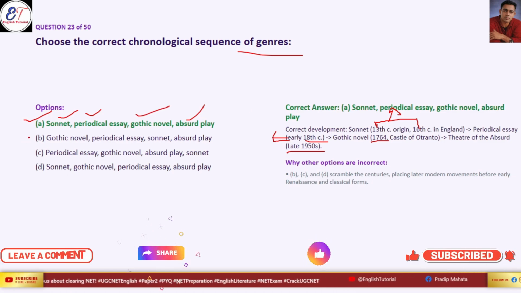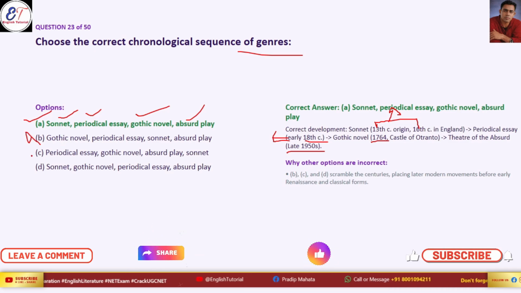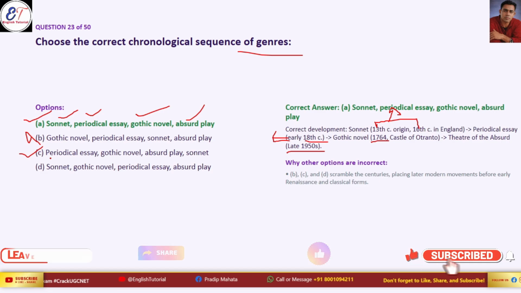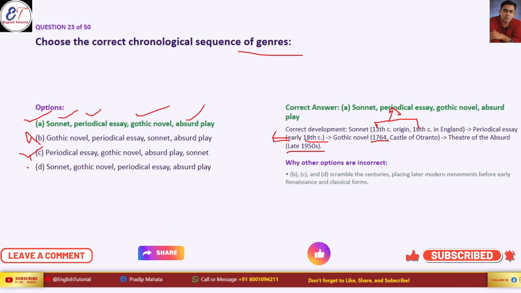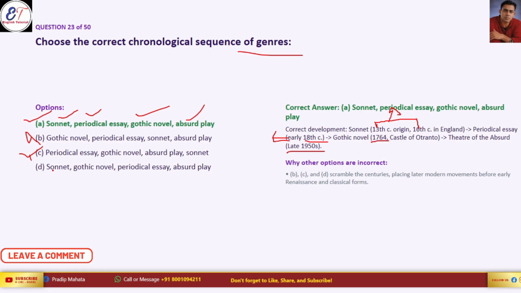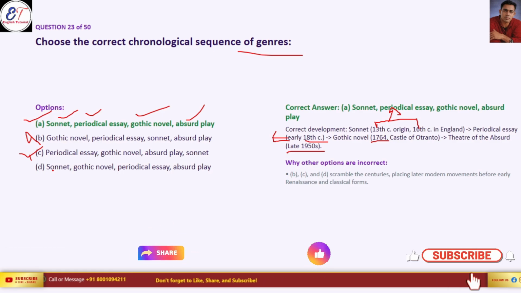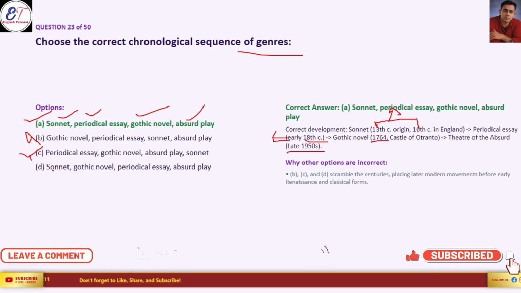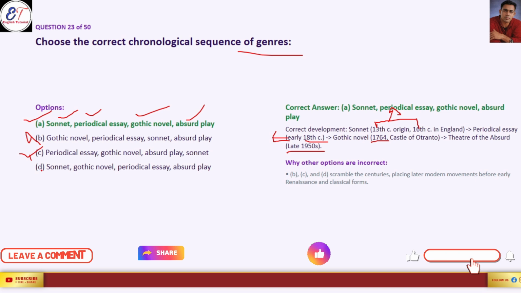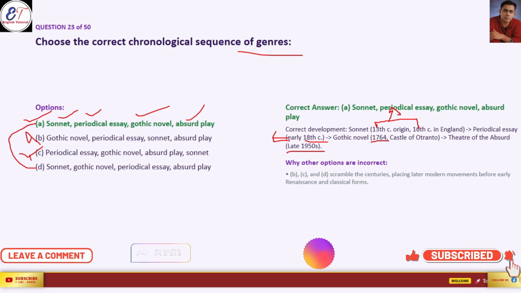Let's compare with the other options. The first one starts with Gothic novel, which is wrong. Periodical essay first is also wrong, and this option might seem correct, but many students may have been confused, because sonnet is given first in these two options.